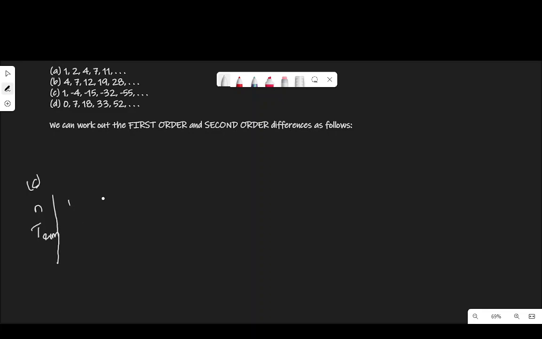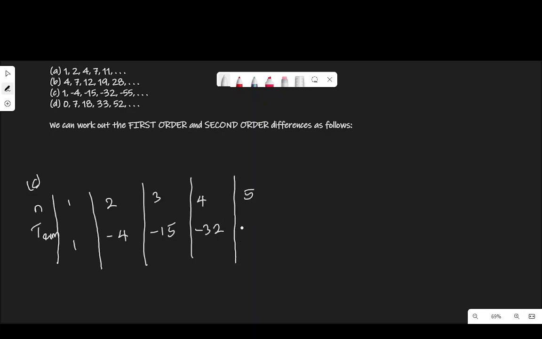When n is 1, the term there is 1. When n is 2, the term is minus 4. When n is 3, the term is minus 15. When n is 4, the term is minus 32. When n is 5, the term is minus 55.